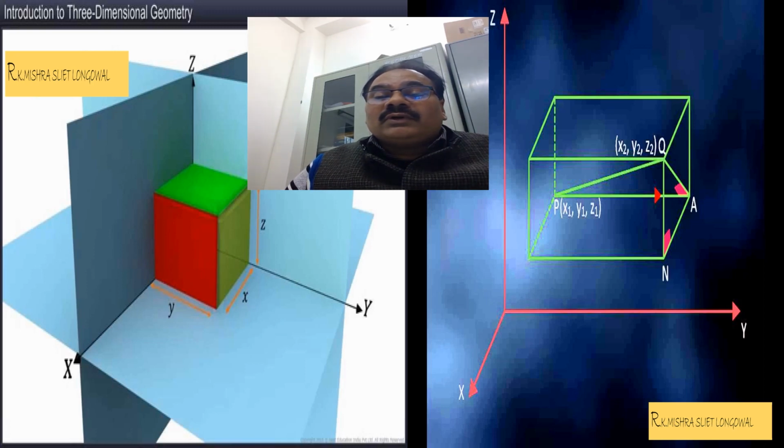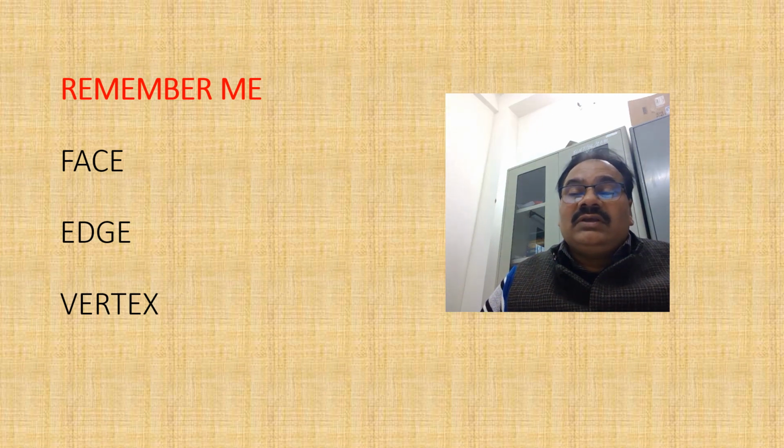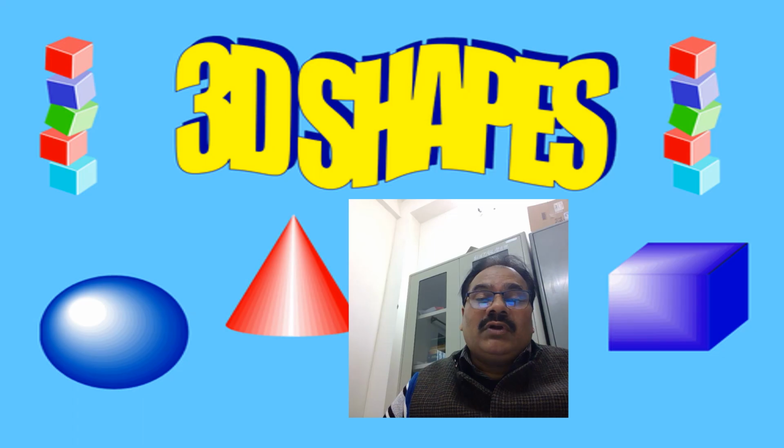Suppose this cuboid here, it is quite visible, this point x1 y1 z1, and if Q is the point x2 y2 z2, then you can see how many edges and how many faces there are. So in 3D we have to remember face, edge, and vertex.